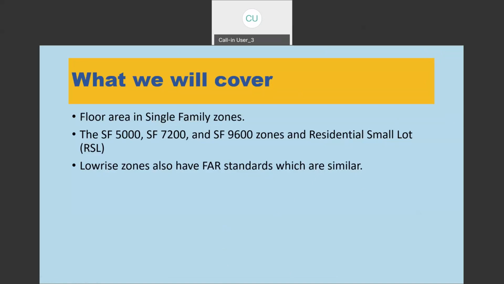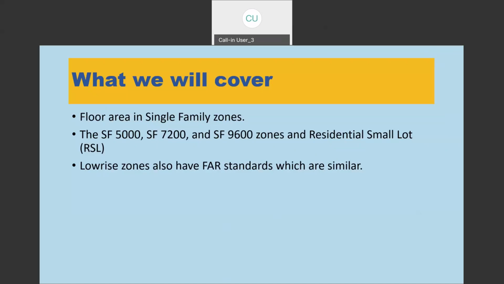FAR is another way to regulate the size of buildings, and in some ways it allows more freedom than other types of standards because floor area ratio looks at the total, not just the footprint of the building, but the amount of space within the building.